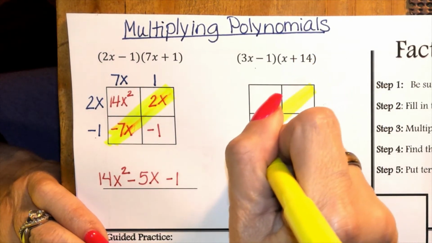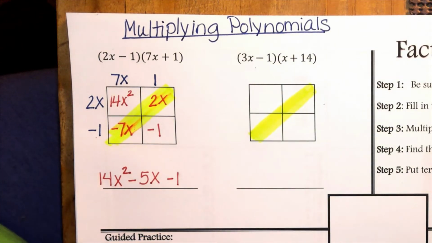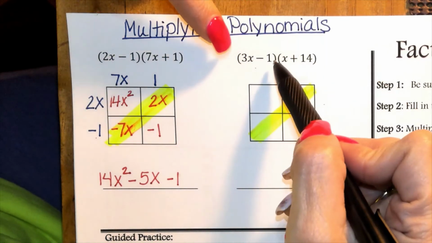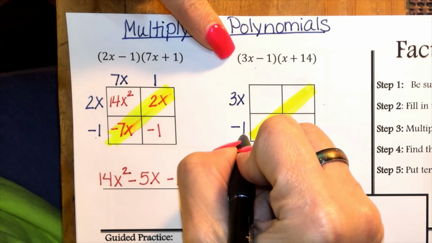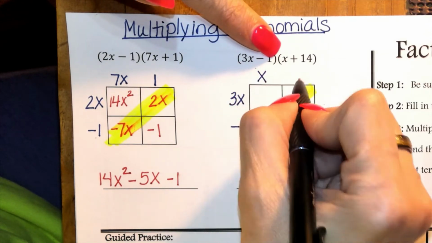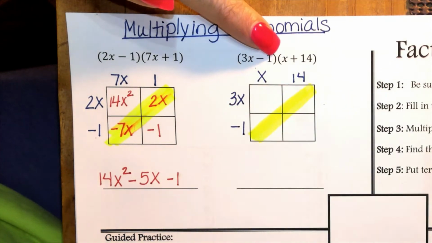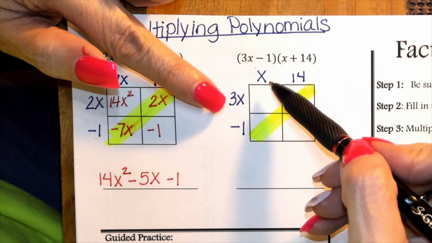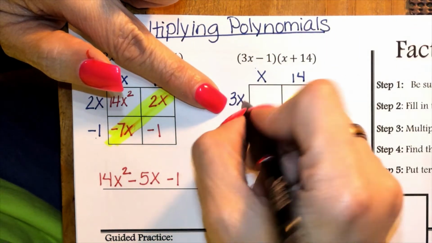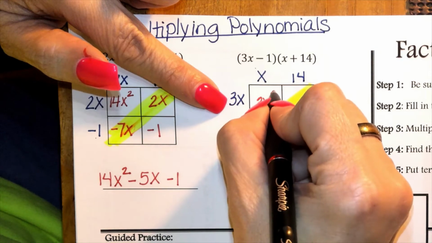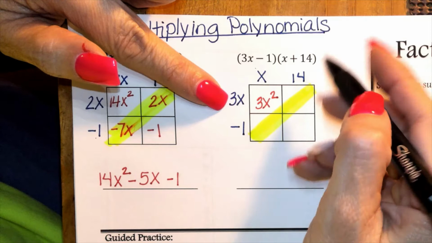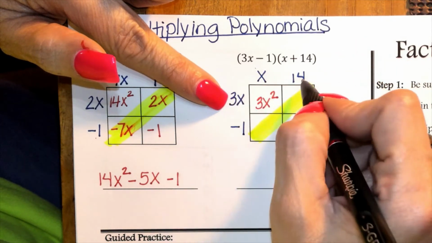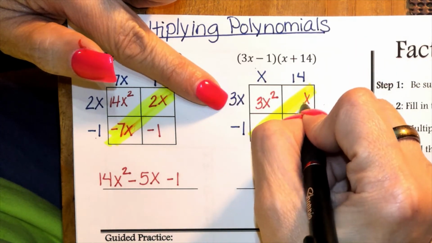All right, so here we go. 3x minus 1, so 3x minus 1, x and 14. 3x times x, that's 3x squared. 3x times 14, let's see, 3 times 14, I'm going to put my x, 2, 12, 13, so 3, so 42.